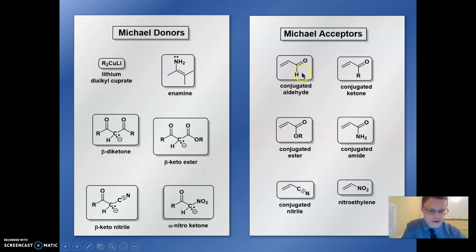We could have hydrogen, an alkyl group, an alkoxy group, an amine, a nitrile, a nitro group. Okay, so that gives you a sense of some of the variety of Michael donors and Michael acceptors. So you can see we could potentially have quite a lot of different reactions going on here, quite a lot of compounds we could make. I just want to give you a couple examples here.